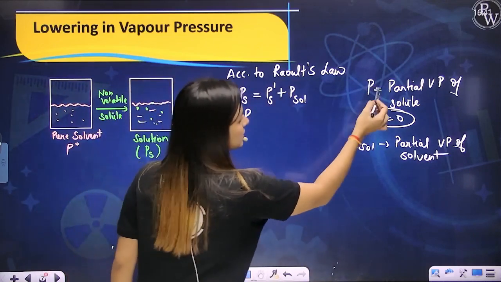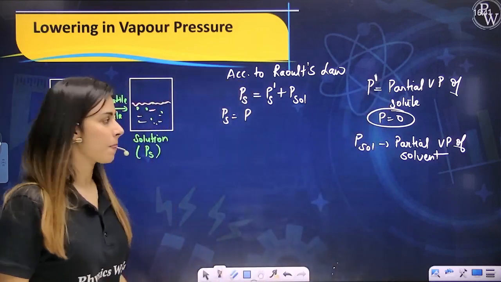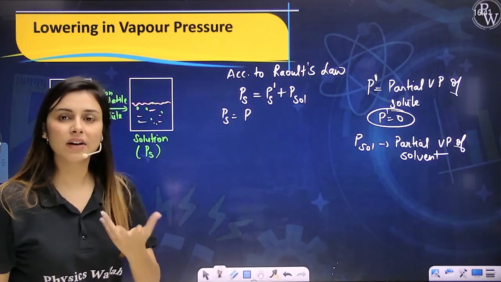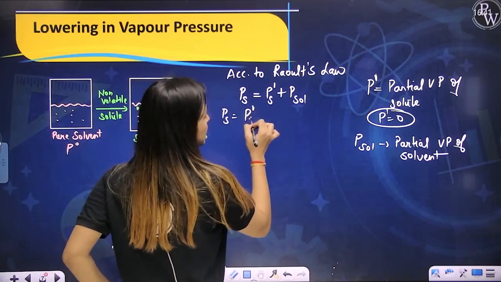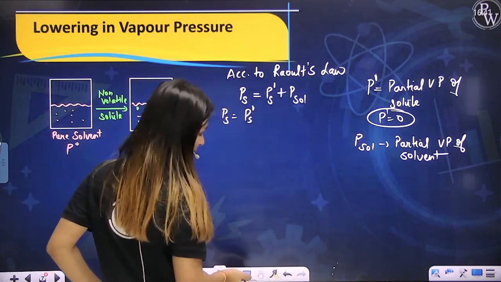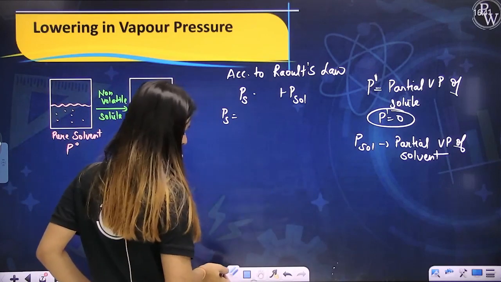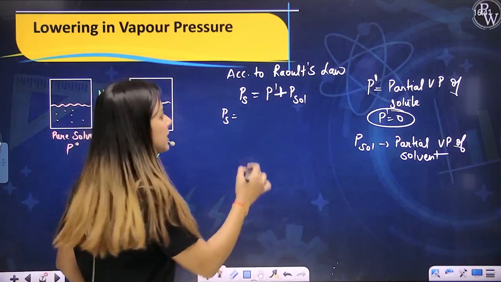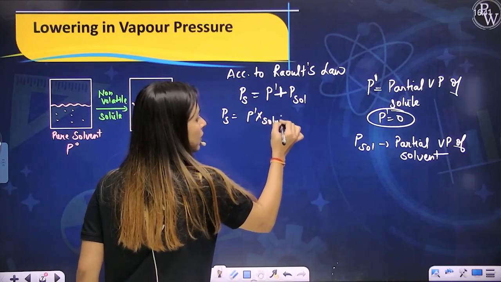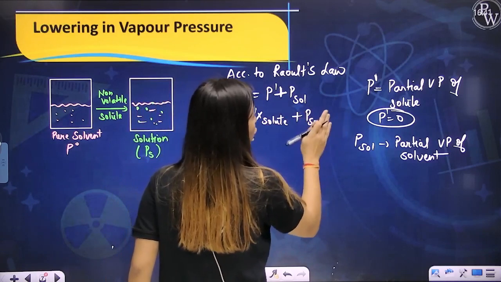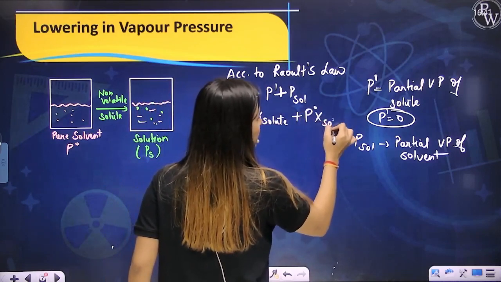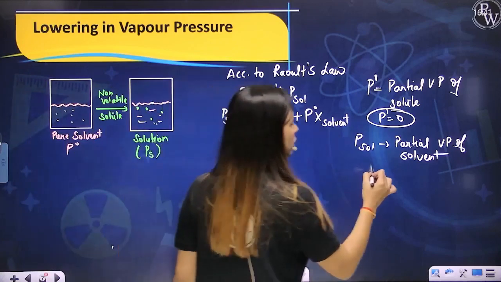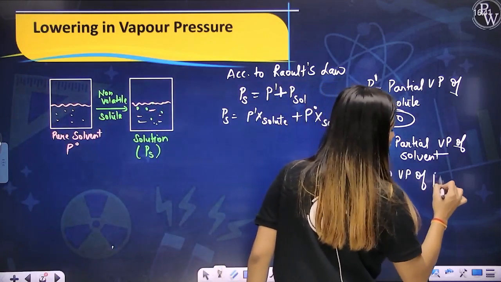So PS will be equal to P dash into mole fraction of solute plus P naught into mole fraction of solvent, because P naught is the vapor pressure of pure solvent.